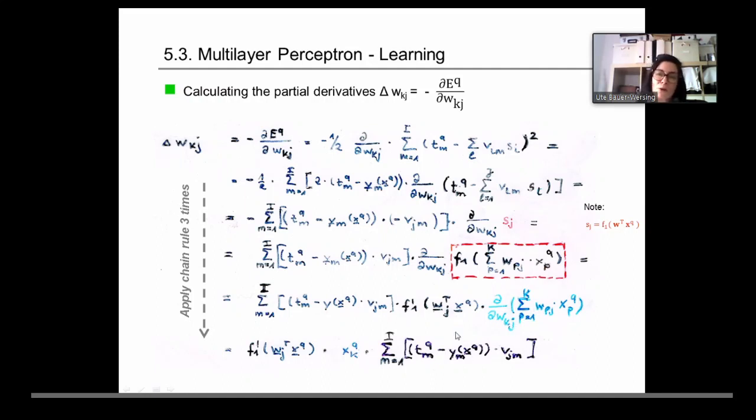If we put this all together, we end up with this formula for how to calculate the weight vector update for the weight Wkj.